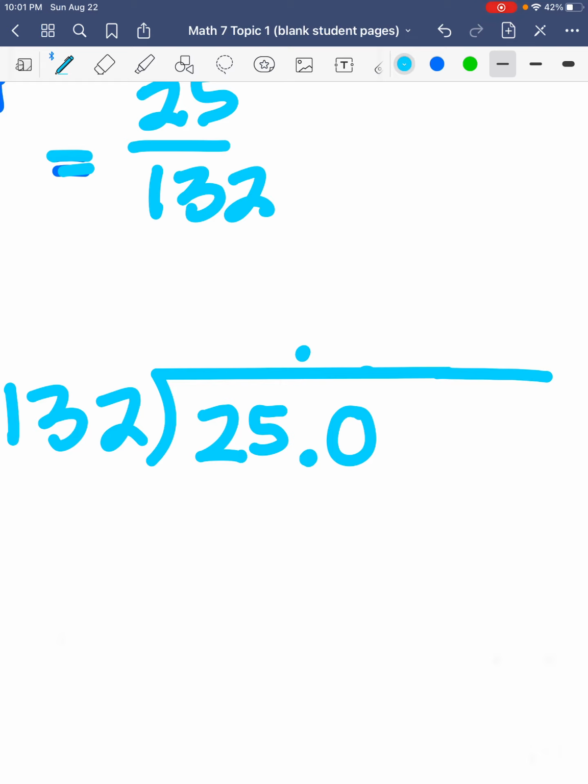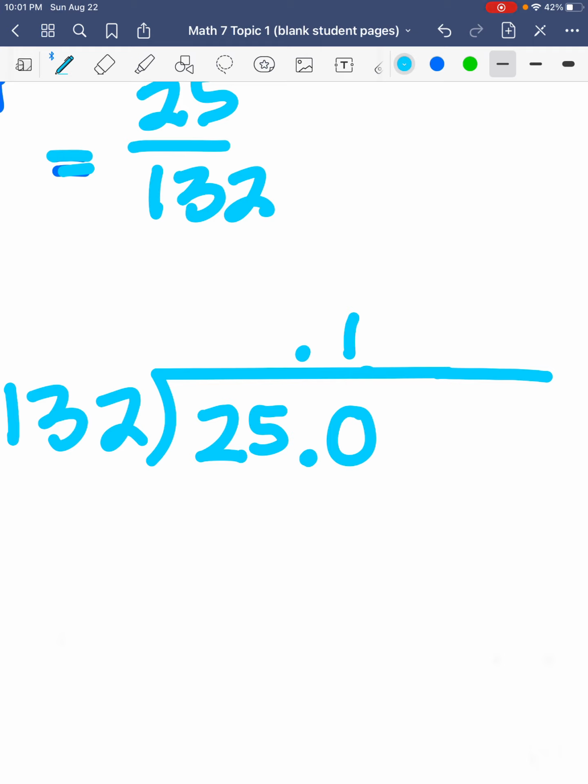Okay, so now can 132 go into 250? Yes, it can. Now, here's what I know. 130 times 2 would be 260. So I don't think 2 is going to work here. So I'm going to start with 1.